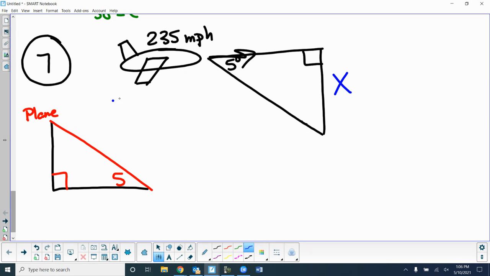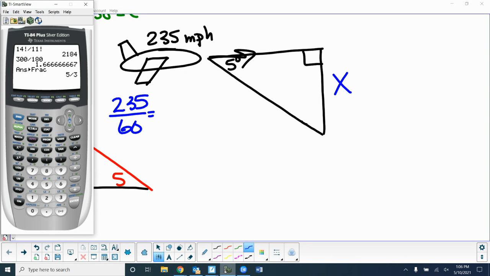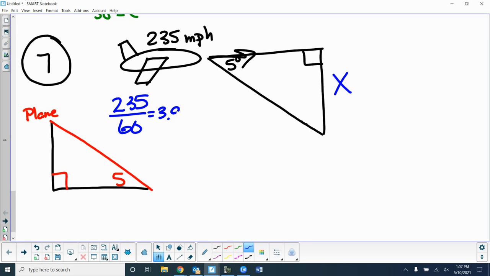Divide by 60, right? So do 235 divided by 60. So it's going 3.9 miles per minute. So what do I have to do with that for 3 minutes?